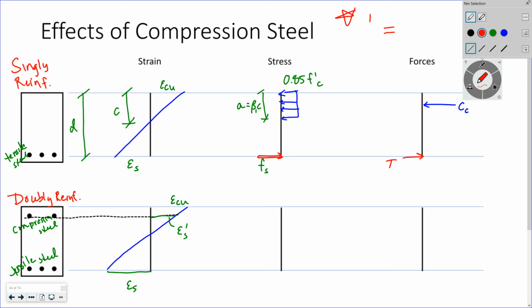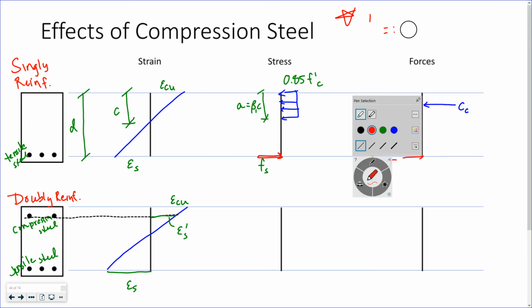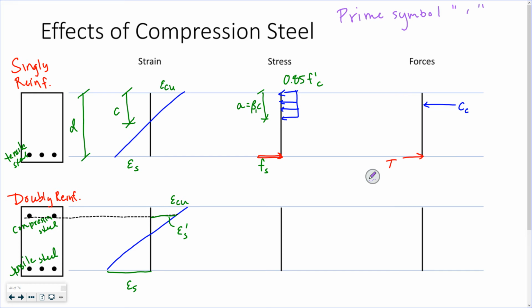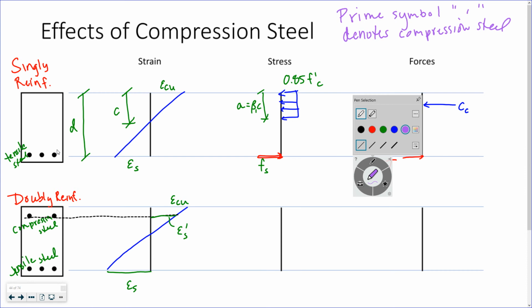Let me make that a different color. Prime symbol, right, denotes compression steel. Right, so I have a prime for my strain, ES prime, that's the strain in my compression steel.